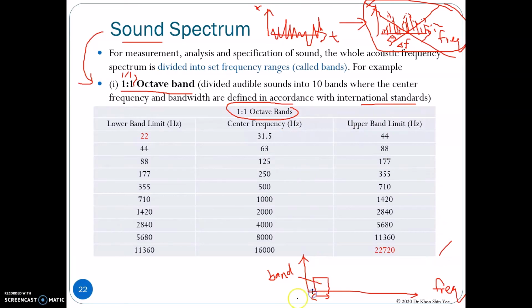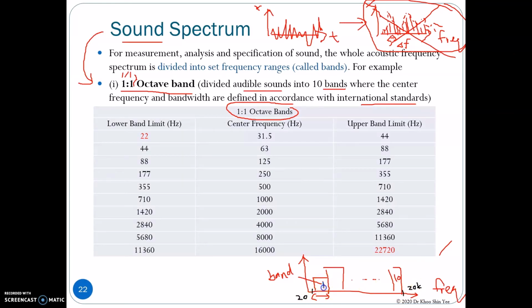Since humans can hear sound from 20 Hz up to 20 kHz, the 1-to-1 octave band divides the audible sounds into 10 bands. So this is the first band, and we can continue for the second band, third band, and so on until the last band. So in total you have 10 bands that cover the frequency from around 20 Hz to 20 kHz.